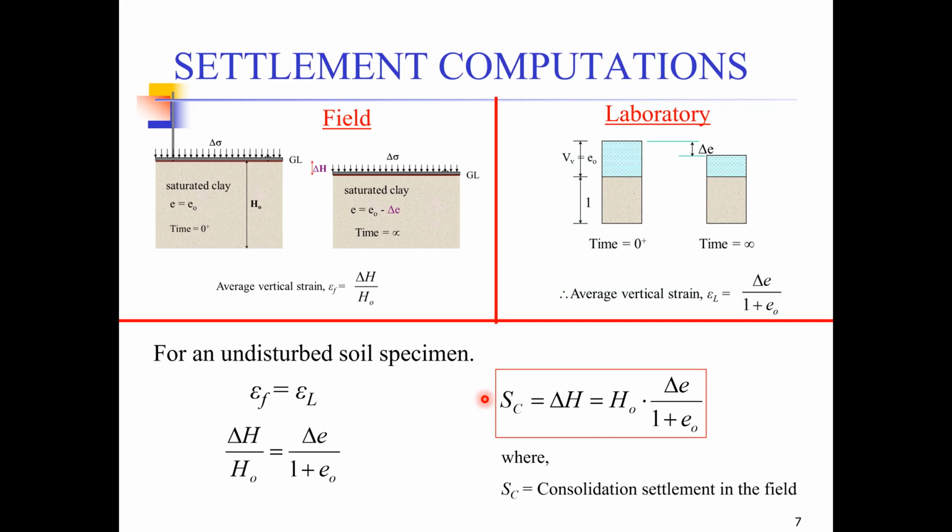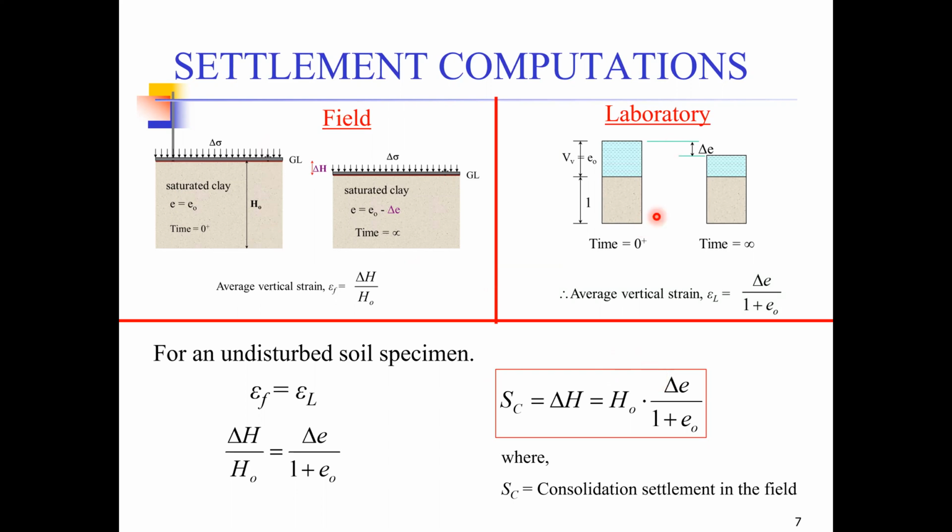Now, what do I need to determine the consolidation settlement in the soil? All I need is to know H naught. What was the initial thickness of the clay layer? That we can determine by looking at the borehole data and the geotechnical investigations data. This delta E is something that I can get from the laboratory.